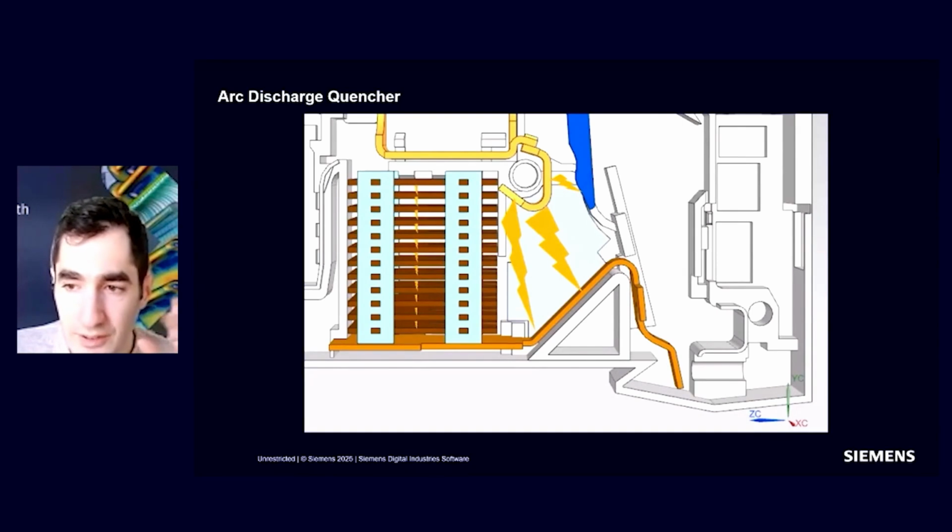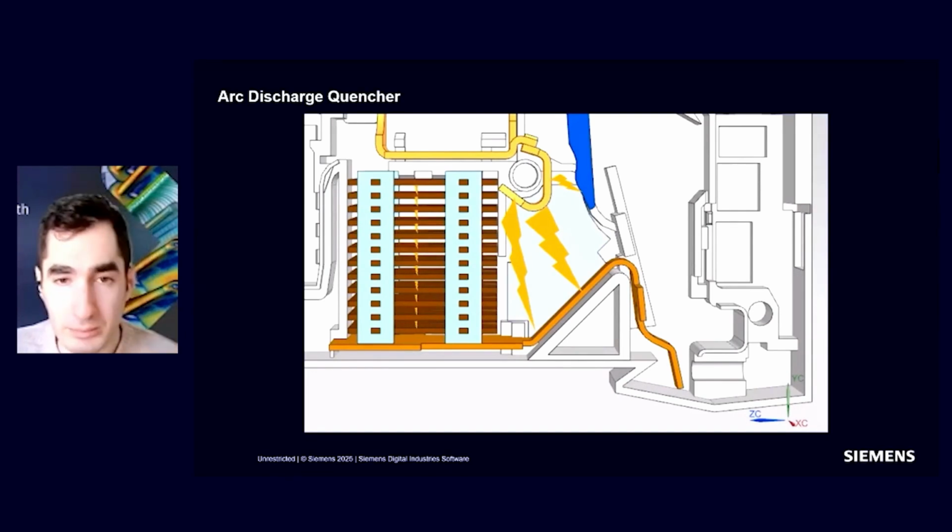So as the arc loses energy and the surrounding air regains its insulating properties, the arc is fully extinguished and it prevents any reignition. Without proper arc management, circuit breakers would experience excessive wear, material degradation, and reduced performance. So it is a very, very important problem for circuit breakers.